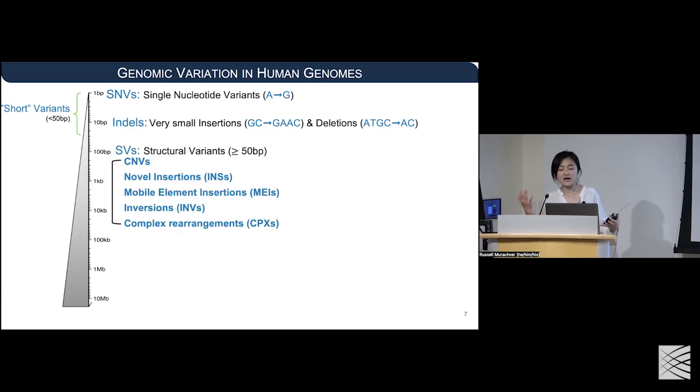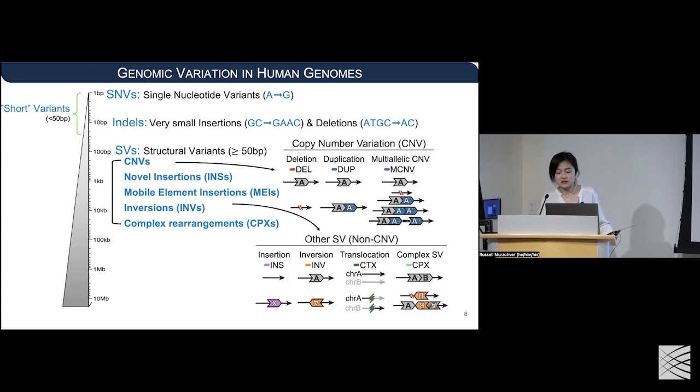And beyond that size, there's a whole class of structural variations, including the copy number variations, such as a deletion of a piece of our genome, a duplication of a copy, or multi-allelic CNVs where there are sites in the genome where you can see the copy number ranging from 0 to very crazy numbers like 100 or so.